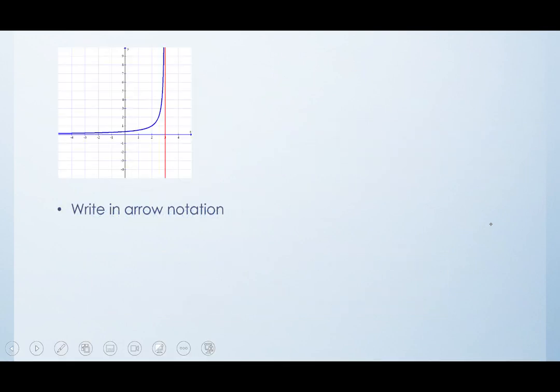So we want to write these in arrow notation. So here, remember, we're kind of writing on this graph, and as x gets closer and closer to 3, so as x approaches 3, and we're coming in from the negative side, f of x is going up, up, up to positive infinity. And you can put it in the opposite order.